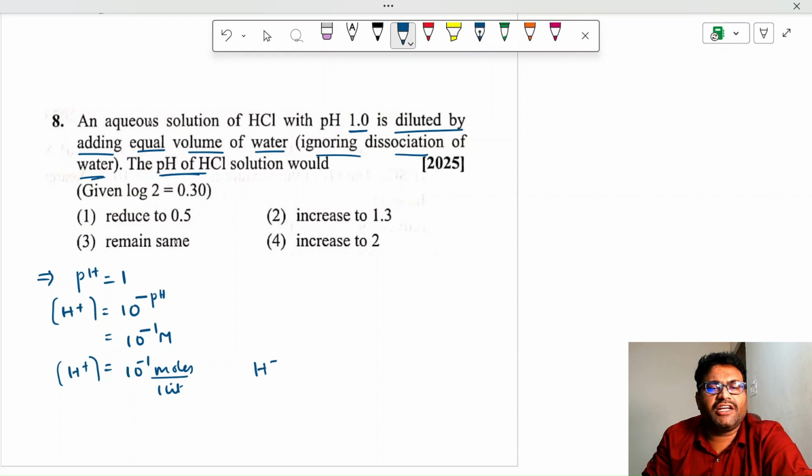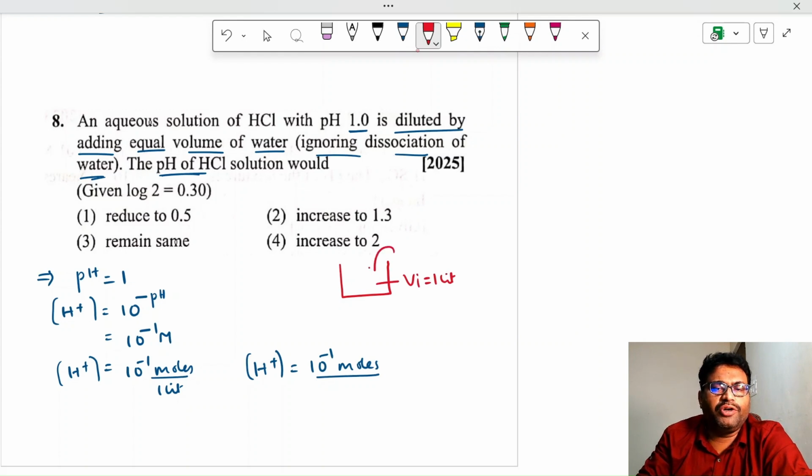Let us take the initial volume V initial as 1 liter. Equal volume means 1 more liter of water is added.